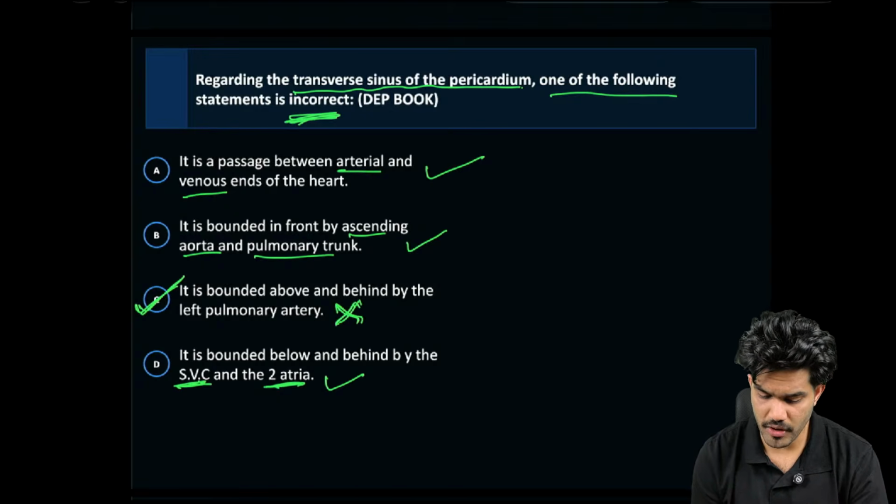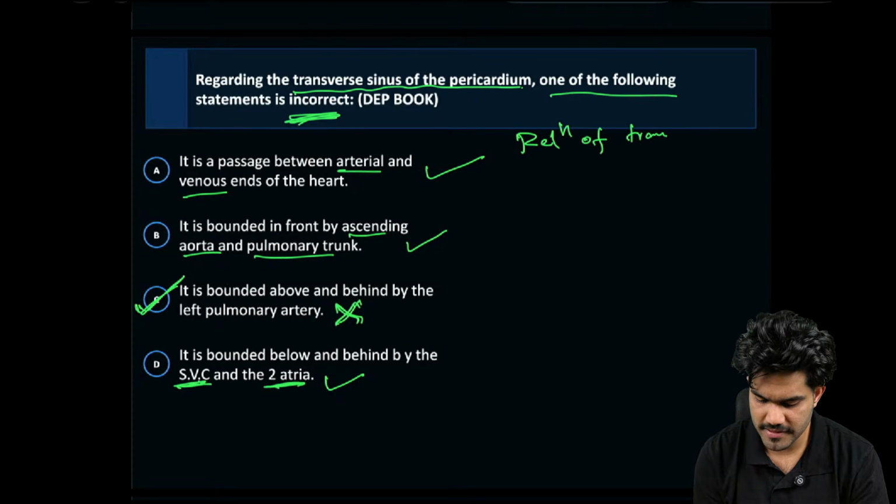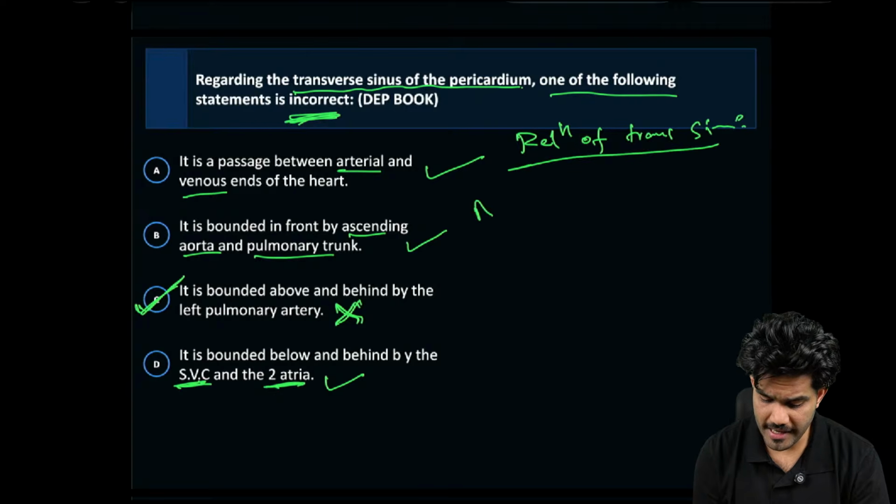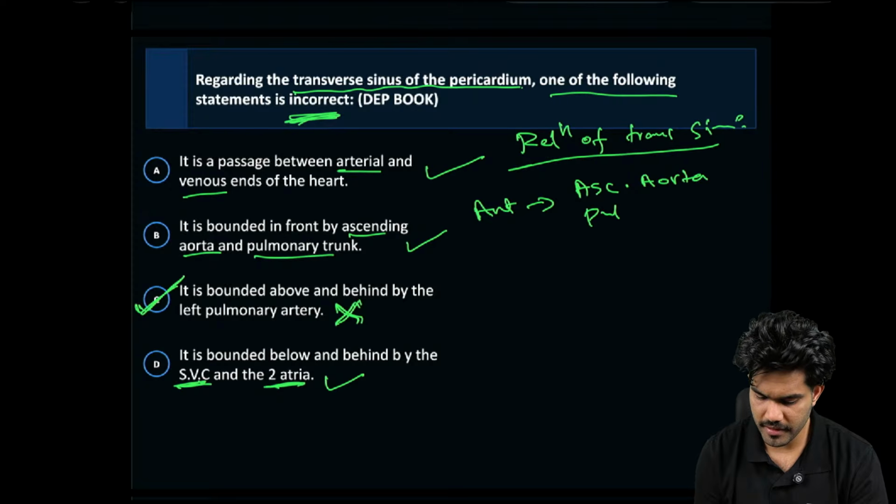But let's see about the relations of the transverse sinus. So anteriorly we have what? Ascending aorta, and what else we have? Pulmonary trunk.